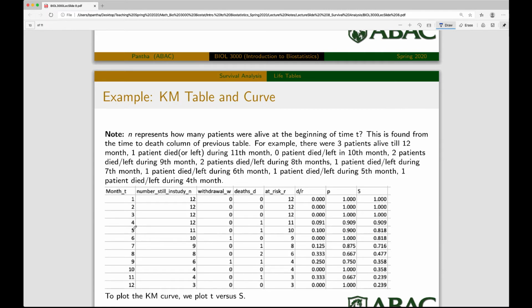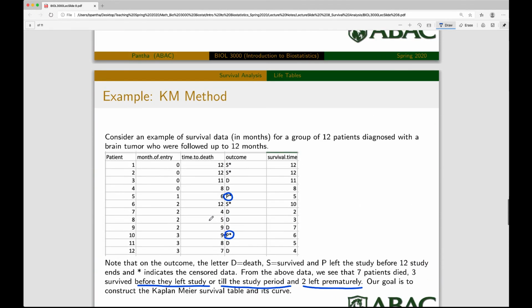So on month 5, how many survived for month 5? Let us go here. They survived 12 months, 11 months, 8 months, 6 months. You see that? One person died in patient 7.